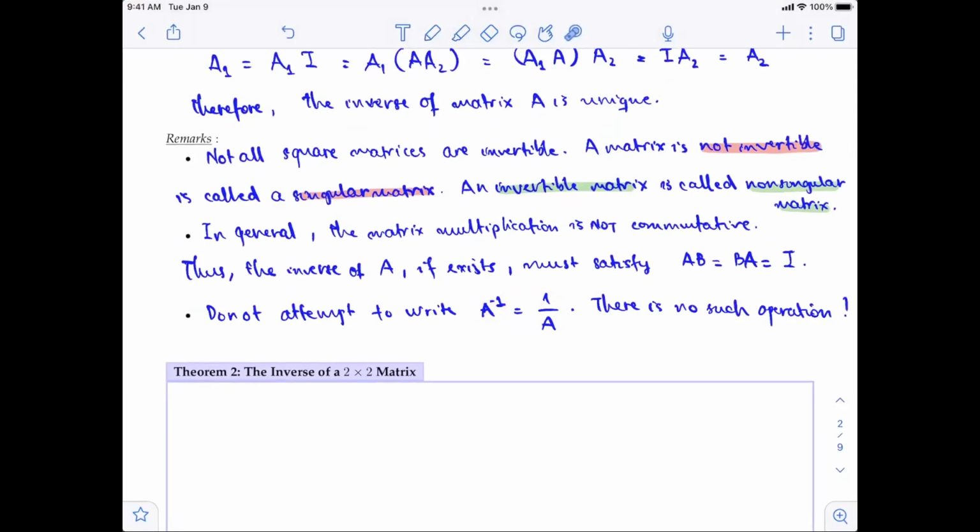Okay, so the inverse of a matrix is just the inverse of a matrix. There's a procedure for you to find the inverse of the matrix. It's not going to be 1 over matrix A. This is not the case.